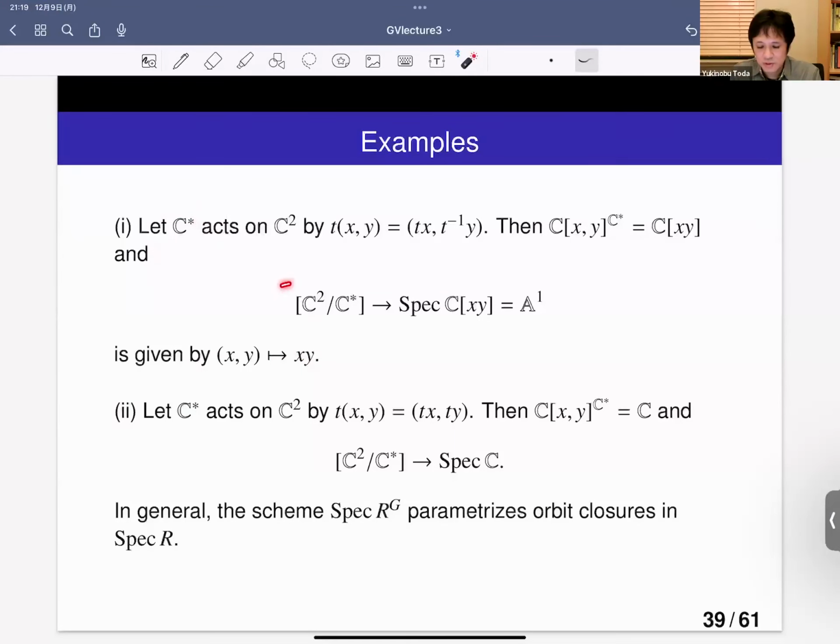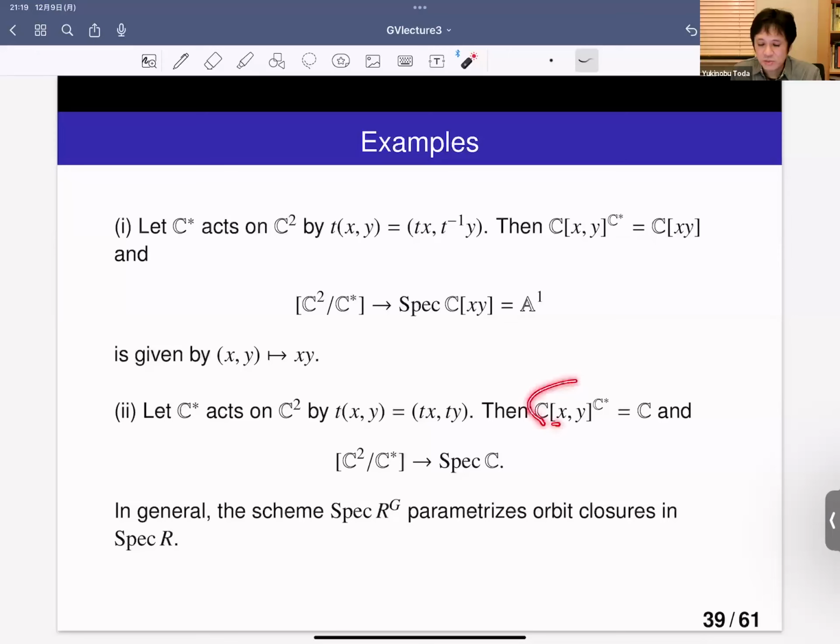And the previous map is given this way. So in this case, the dimension of the stack is one-dimensional, and the spectrum of the invariant ring is also one-dimensional. So this looks similar to the quotient space. However, we have a similar example, but now the weights are 1, 1.